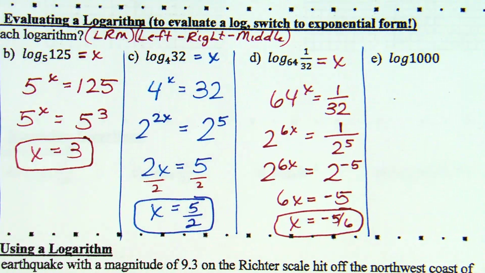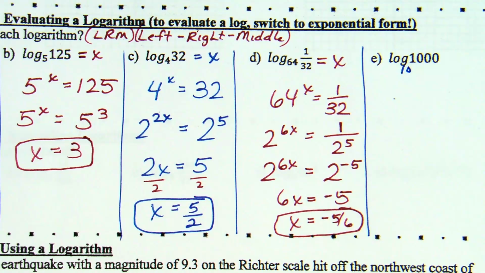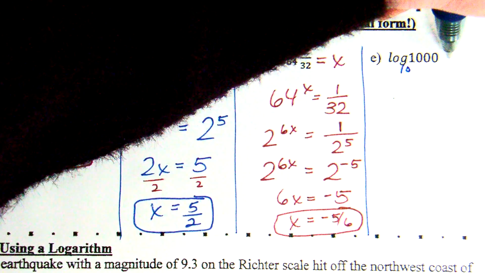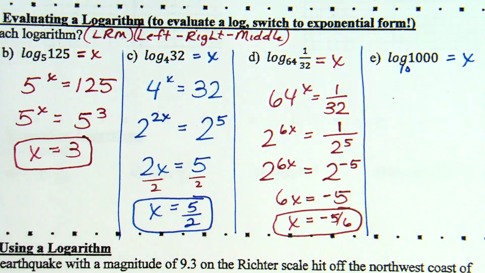Okay, so I was told we could type this into the calculator because this is an invisible base 10, right? If we set it up otherwise, log base 10 of 1,000 equals x. I just want to show you something here, so I'm going to go through it. I'm not disagreeing with the answer of 3. I like it.